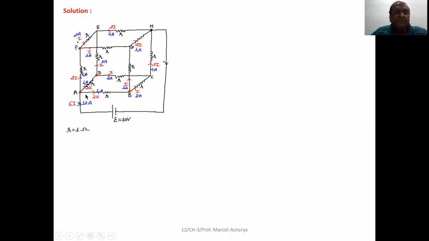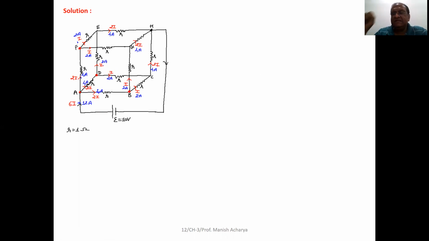Now when this 2I current A to B enters junction B, and then when it leaves junction B, it will be divided into 2 parts, B to C and C to H as well as B to G and G to H. On both the paths 2 resistors appear in the path.